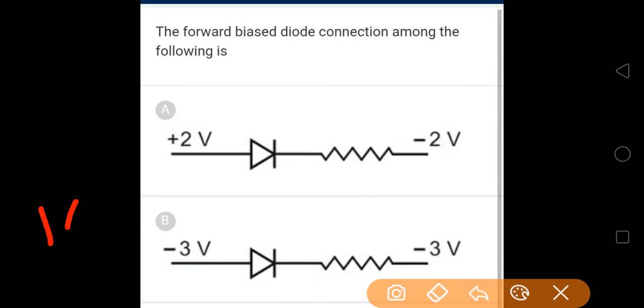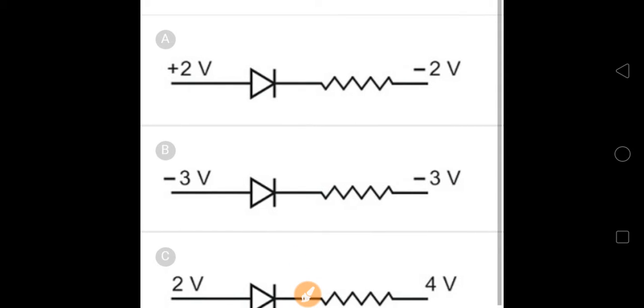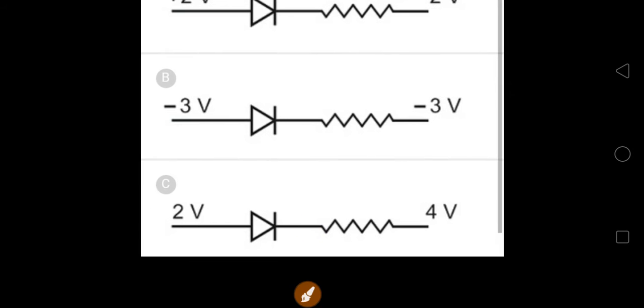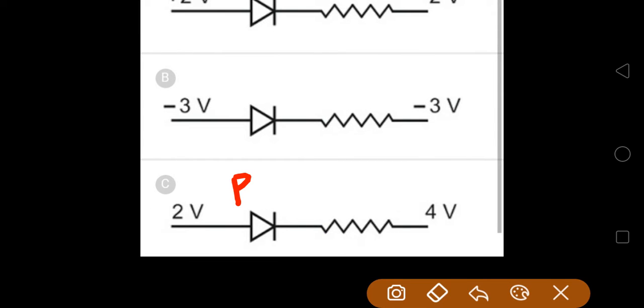14th one, sorry, 14th one, option A is correct. Check the second diagram. It is P, it is N, minus 3 volt, minus 3 volt, no current flows because there is no potential difference. Next, P N, it is 2 volt, it is 4 volt.